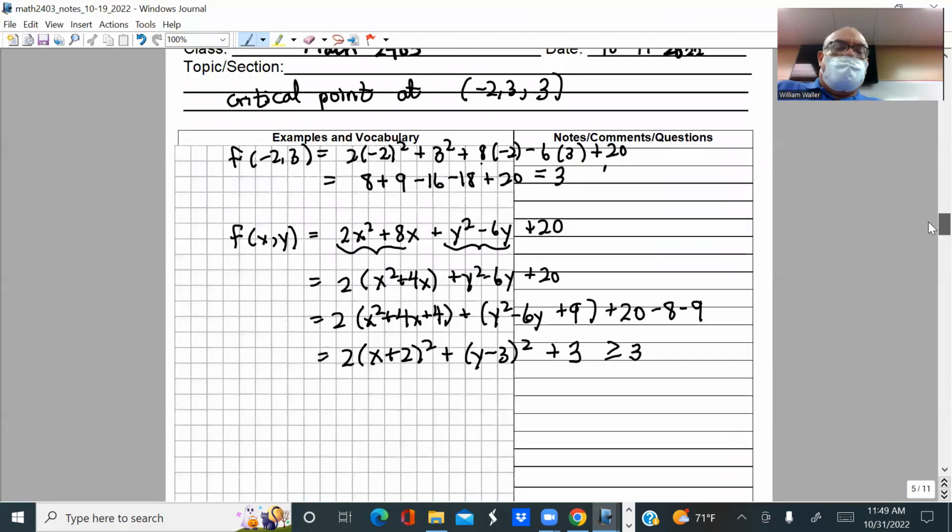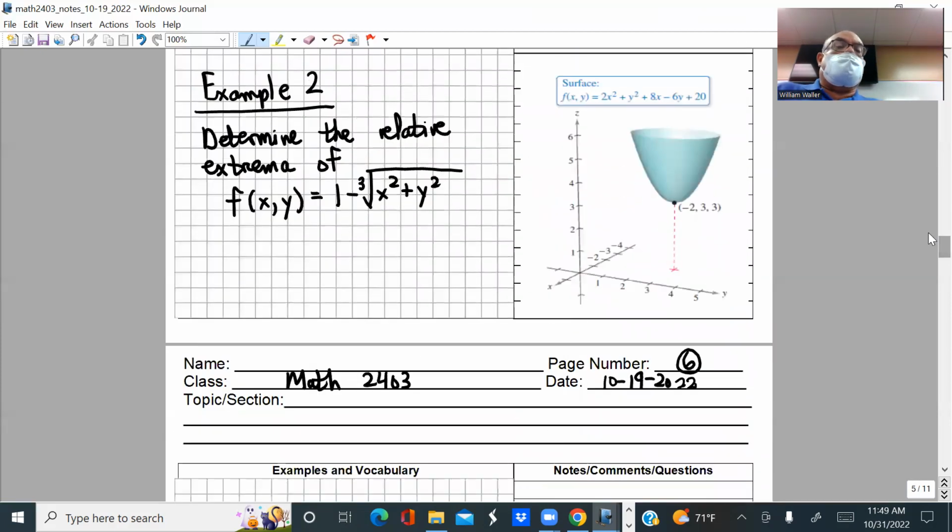But now let's look at some kind of unusual situations, right, that can arise. So let's see if we can find the relative extrema for this function. Now you can tell this one's kind of been rigged, right? Because of the nature of that formula: 1 minus the cube root of x squared plus y squared.